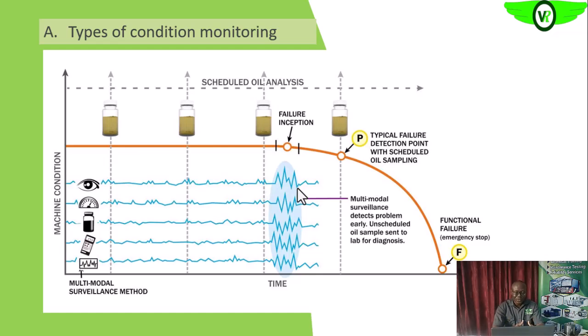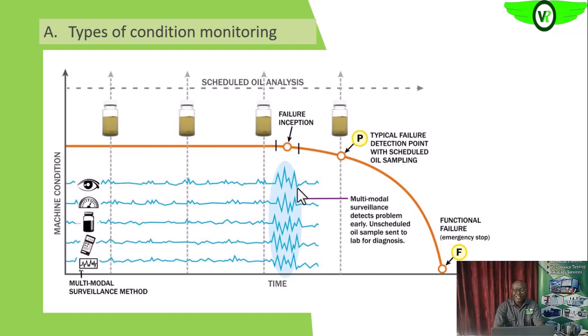So the visual or physical inspection has limitations actually. Know that before we can see visibly or use any of our senses to sense changes in the condition of our equipment, it means that the deterioration would have gone so far.